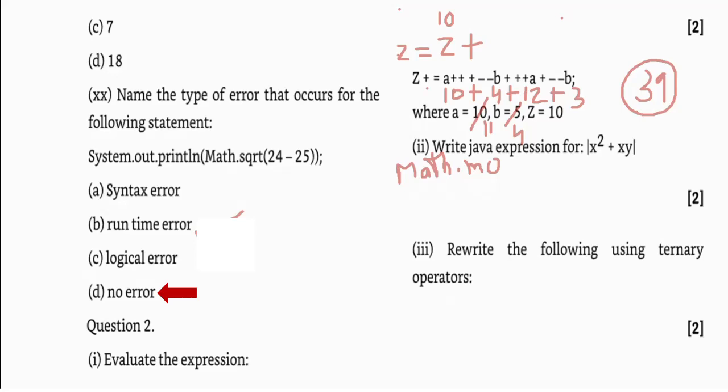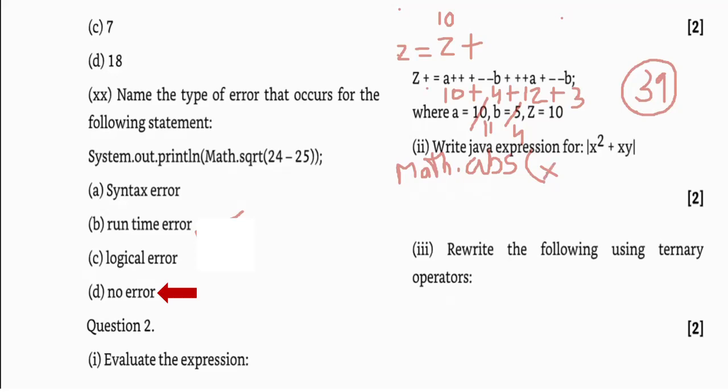Well, not mod exactly in Java, that's in Python. We have the absolute, abs. So Math.abs, and then we have all this expression coming over here.